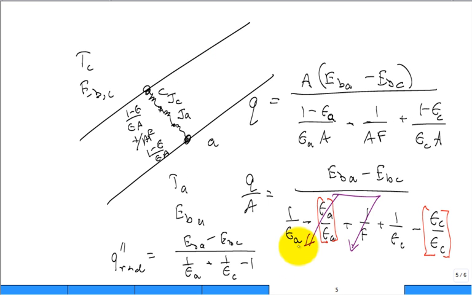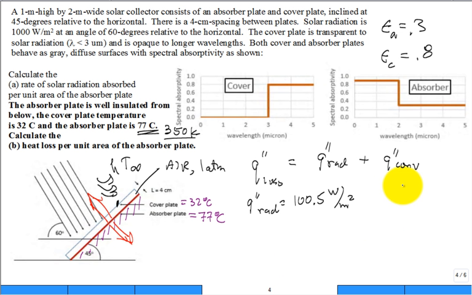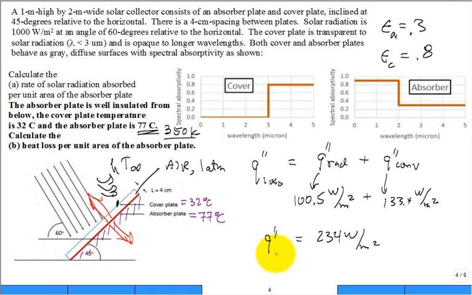So the radiation is 100, and the convection is 133.4 watts per meter squared, giving us a total rate of heat transfer of 234 watts per meter squared, which is the final answer that we were asked to calculate.